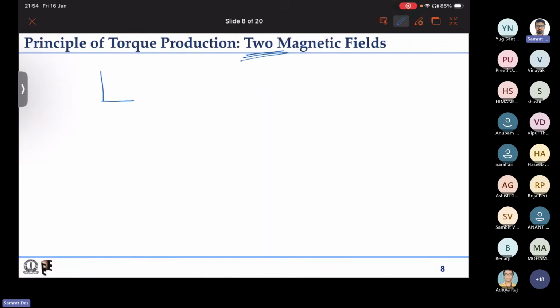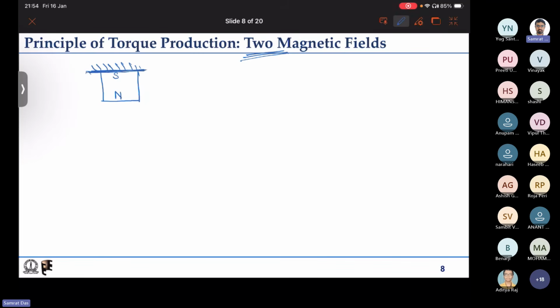Say I have one electromagnet or a normal magnet, that does not matter. As of now, I'll just represent it like this. Say this is a magnet. Say this is a north pole, so this has to be the south pole, and say this is stationary.